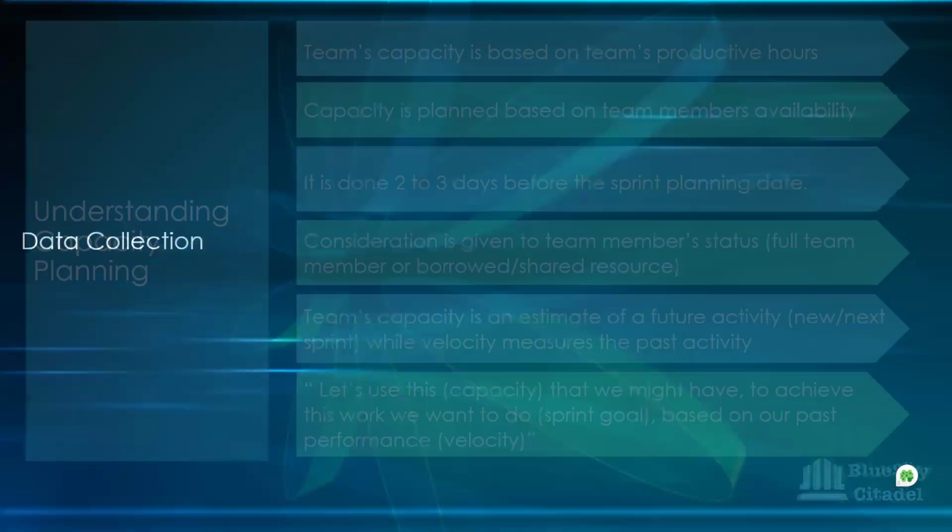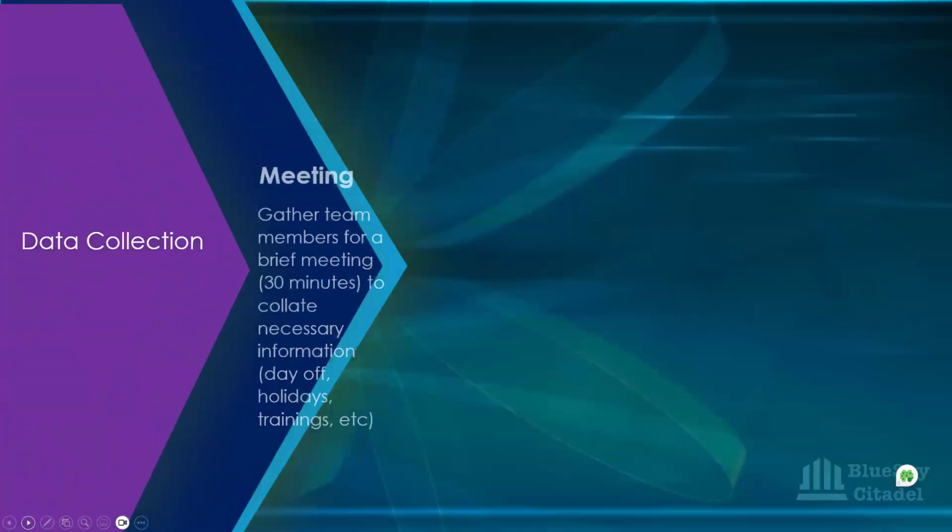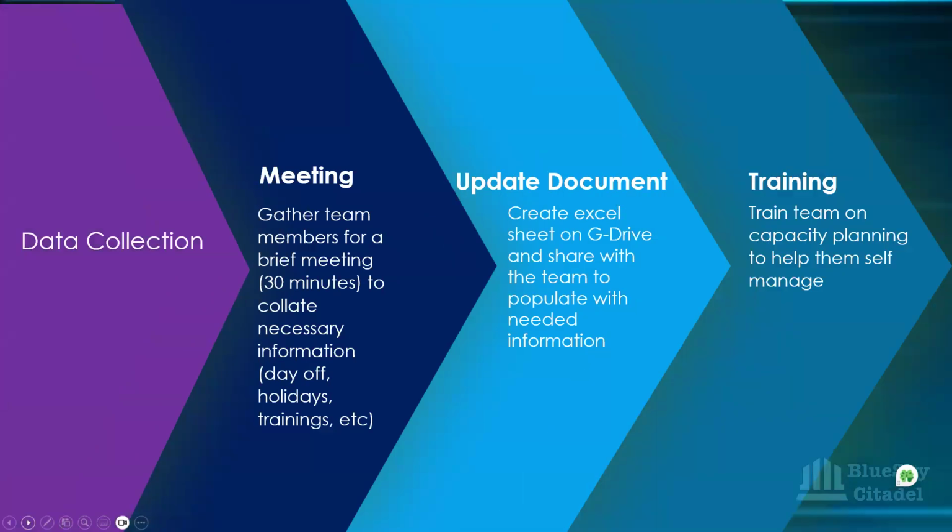Okay, so having that understanding, how do you collect the data, the information you need, for you to be able to work out that capacity? How do you collect it from your team members? So how to do that, for a team that is just starting, it could be with a meeting.